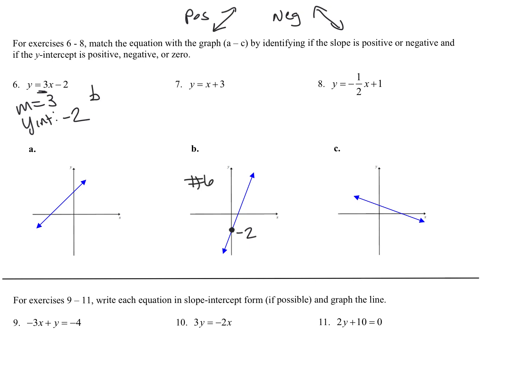And then for number 7, our slope is positive 1, and our y-intercept is at 0, 3. And that could be really either one of these, but this has a positive slope. And so for number 7, that is at A. And then by default, 8 would have to be C.